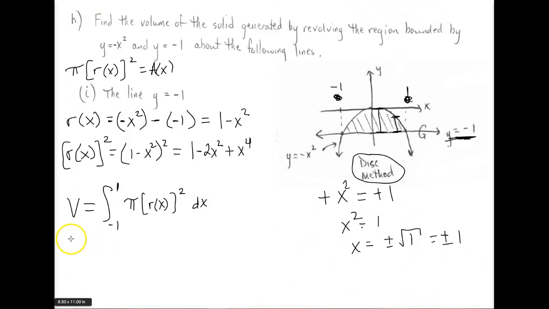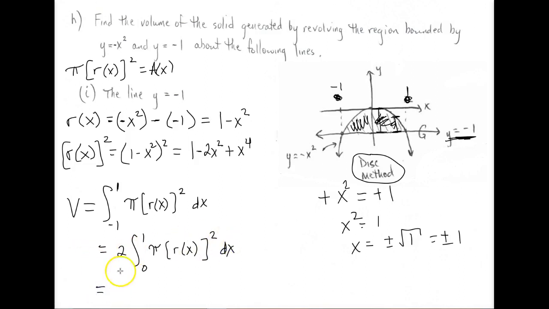dx. And one thing that we note here is that this area on the left half is equal to the area on the right half. So we could rewrite this as 2 times the integral from 0 to 1 of pi times the radius in terms of x squared dx.